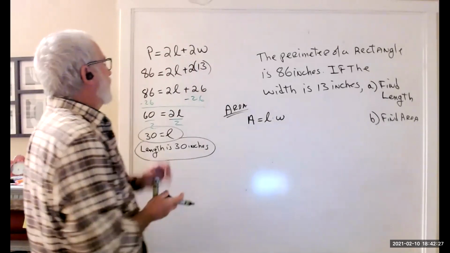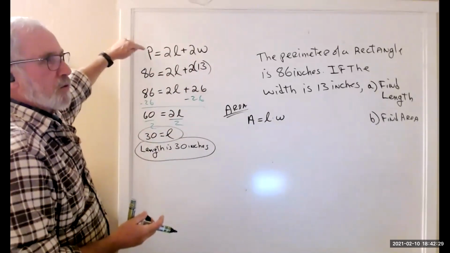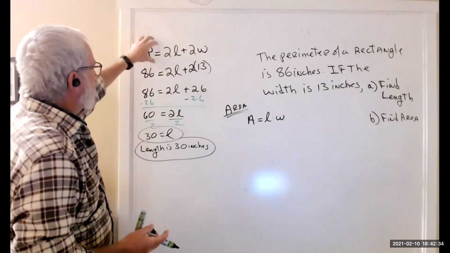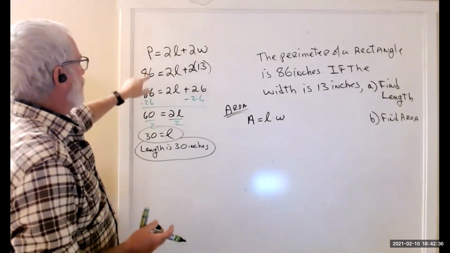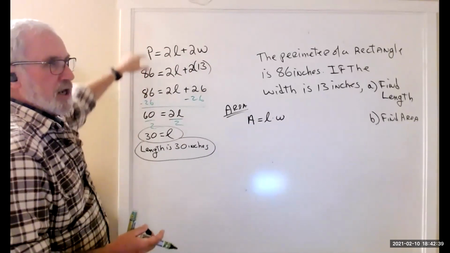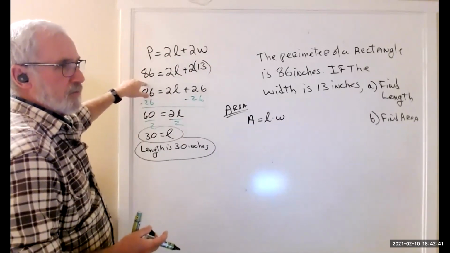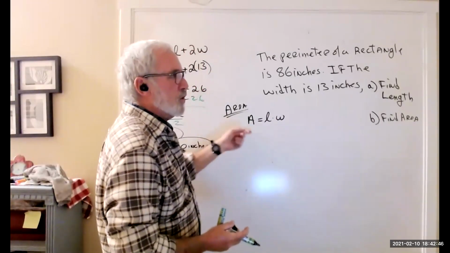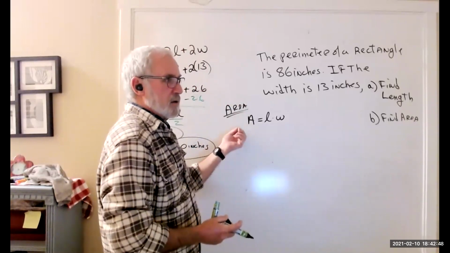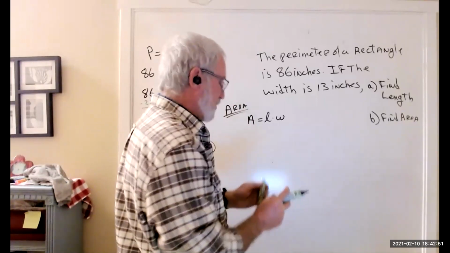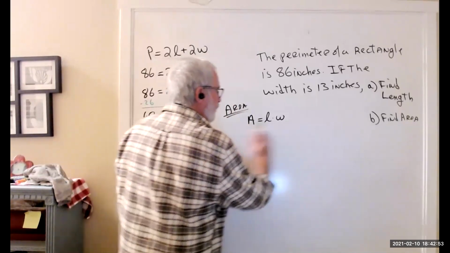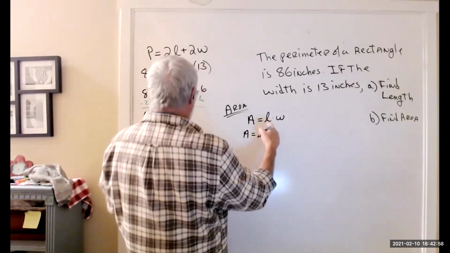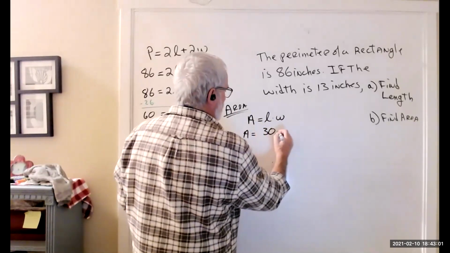The perimeter of a rectangle was P equals 2L plus 2W. See, because if you didn't put the P down, you wouldn't know where to put the 86. You put the 86 in place of the P. If you don't put the A equals, you wouldn't know that this is the area. Now, you probably would because you're all pretty smart, but a formula is the whole thing. So this is A equals the length we just found, which was 30 inches.